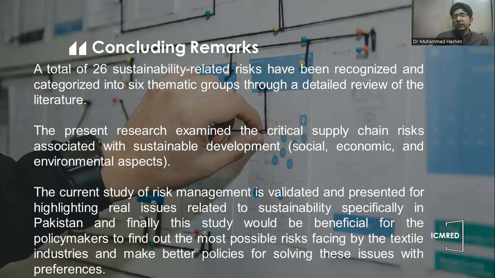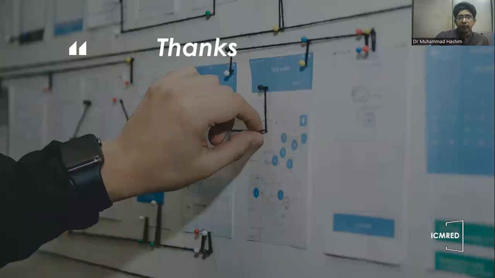The current study of risk management is validated and presented for highlighting real issues related to sustainability, specifically in Pakistan. And finally, this study would be beneficial for policymakers to find out the most possible risks faced by the textile industry and make better policies for solving these issues with preferences. So thanks for watching the presentation.